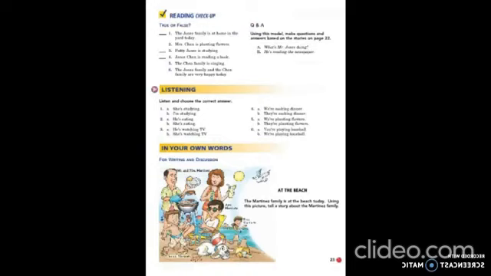The only part where I'm going to put the track is the listening section. In reading and checkup, you are just going to write T for true or F for false. And later, in your own words, writing and discussing, you just write in your notebook.